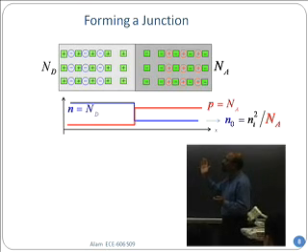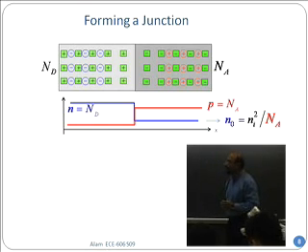You see, the hole wants to go to the left-hand side. There are lots of holes on the right, few on the left. It wants to go, but there are all these positive squares sitting on the left-hand side of the junction, which essentially repel the holes. So, therefore, a field has built up which will prevent the diffusion from occurring anymore, and there will be a nice balance at the end.